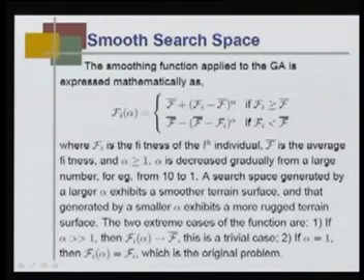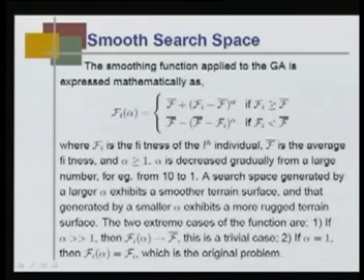Whereas when alpha is very large, I can easily say that, because f_i and f bar are all normalized values, f_i minus f bar is a fractional quantity.